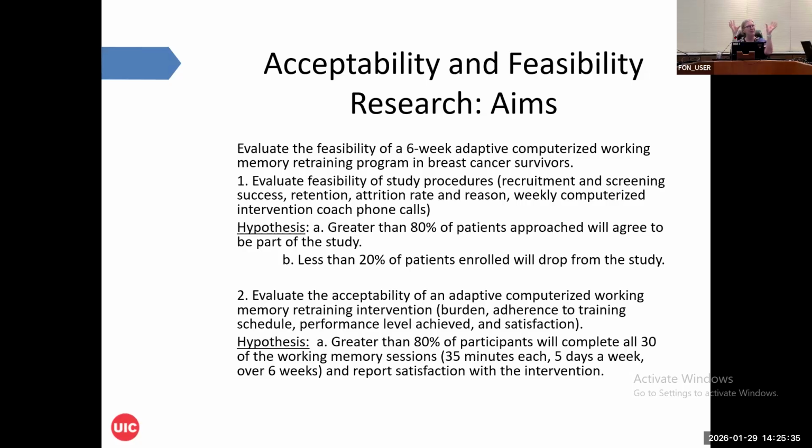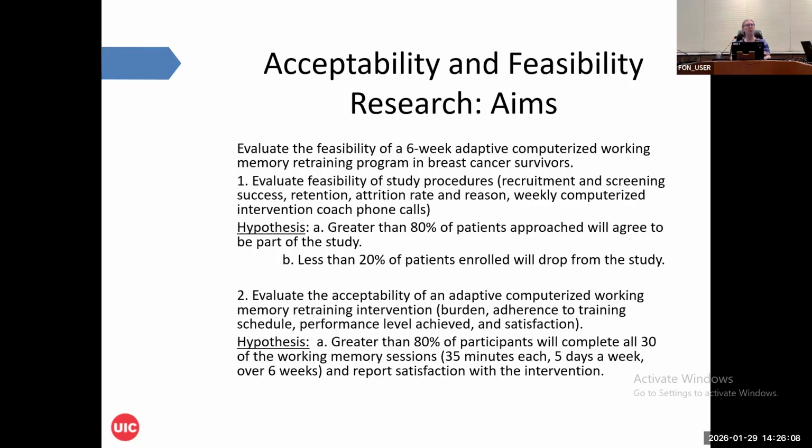Okay, now that I've given you a context, I'll go to aim one again. My apologies, please forgive me. So there were weekly computerized interventions on the computer and then coach phone calls. So you can see for feasibility, our hypothesis was that greater than 80% of patients approached will agree to be part of the study.